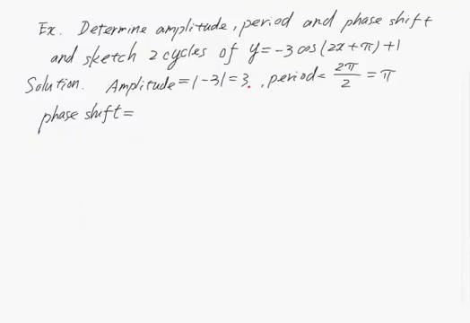For our function, if we factor out this coefficient, then we would have y equal to -3 times cosine of 2 times x minus negative half pi, and then plus 1.